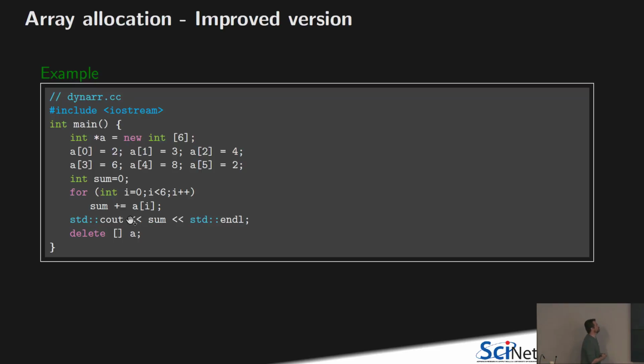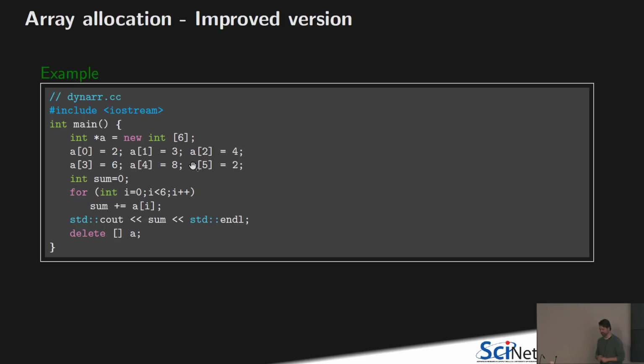Here's a little example showing that we take 6 integers. So here's our new int[6]. We assign it to a pointer variable a, so a is the pointer to the first element. And then we fill it just as if it was a regular array. Unfortunately, with this, we can't use those nice curly braces anymore. But if we have a large array, we don't want to write out by hand in curly braces all of the entries.